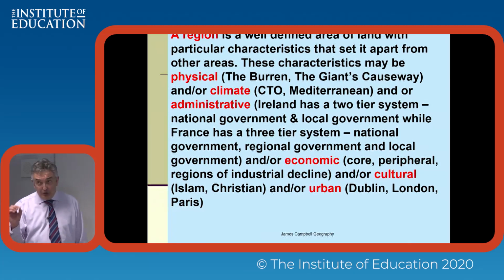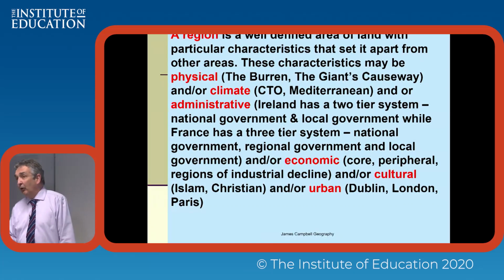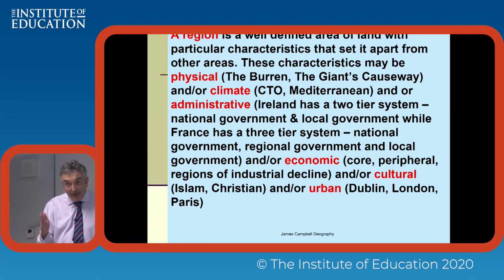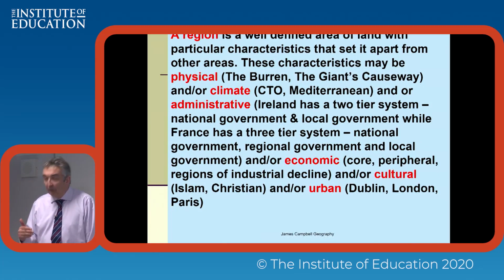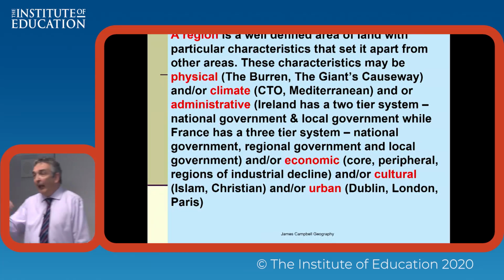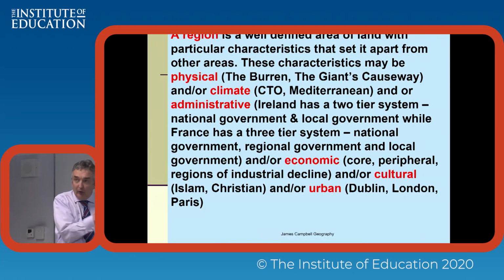Then we have cultural regions. Now, cultural regions can be broken up into language regions or into religious regions. For example, in Ireland, we have the English-speaking region, and then we have the Gaeltacht, or the Irish-speaking region.